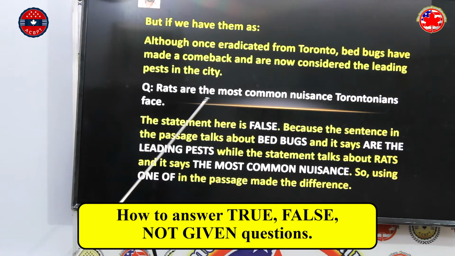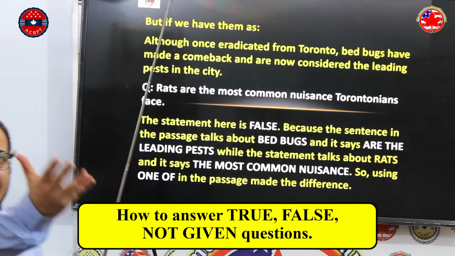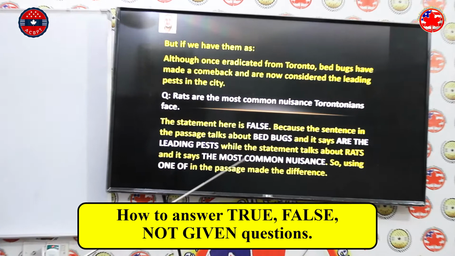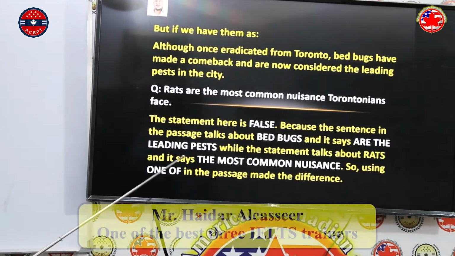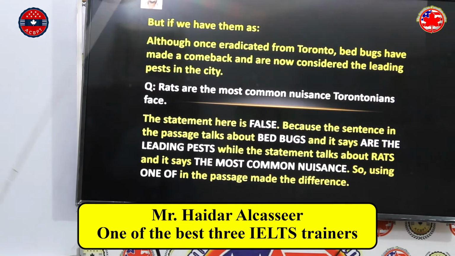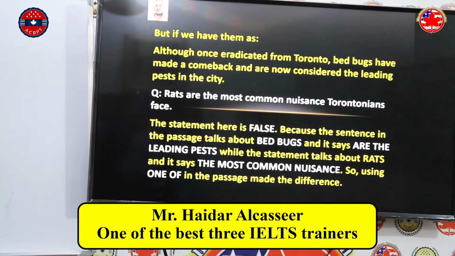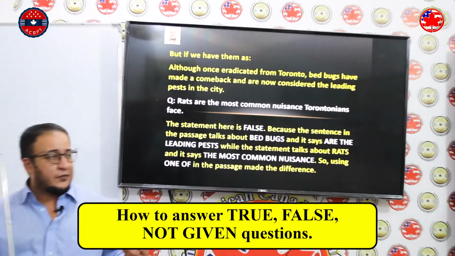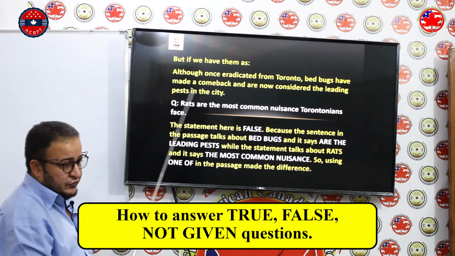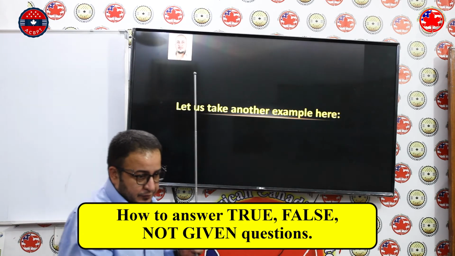Because the sentence in the passage talks about bed bugs and it says they are the leading pests. That means they control. While the statement talks about rats and it says the most common nuisance. So using one of in the passage made the difference. So in this case we have wrong information. In this case the statement or the question will be false.